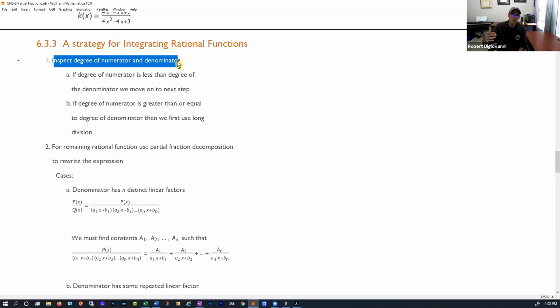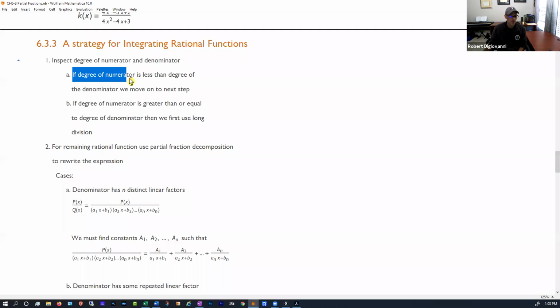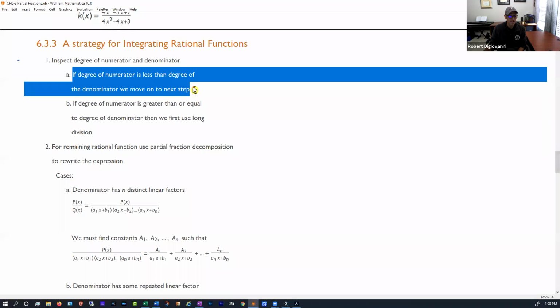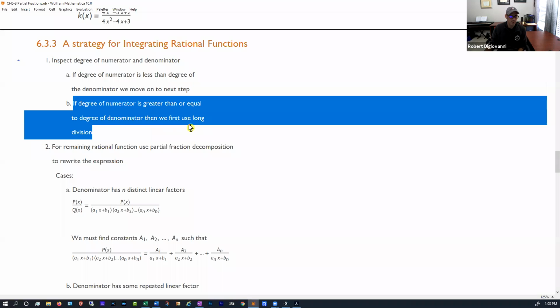So we look at the numerator, look at the denominator, look at the degrees, and then we have a couple of cases. If the degree of the numerator is less than the degree of the denominator, then we just move on to the next step. If the degree of the numerator is greater than the degree of the denominator, then we're actually going to have to do long division to start the problem.